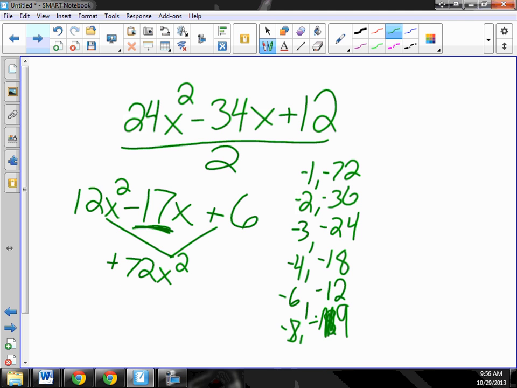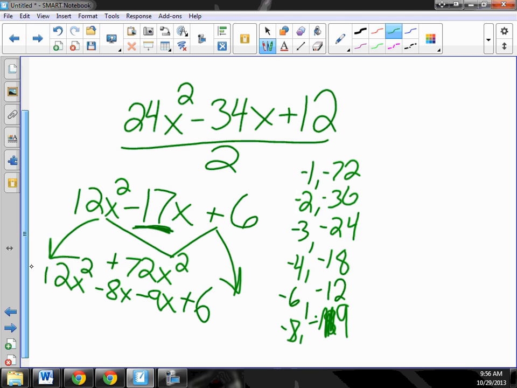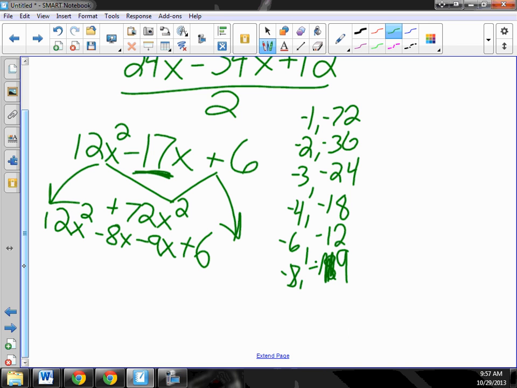So negative 8x minus 9x. I'm going to bring down the first term and the last term. 12x squared plus 6. Okay? If I group the first two and the last two, what do the first two terms share? 4 and an x.